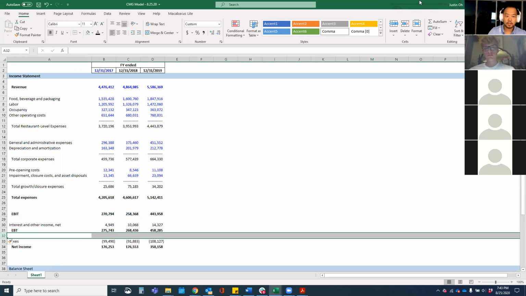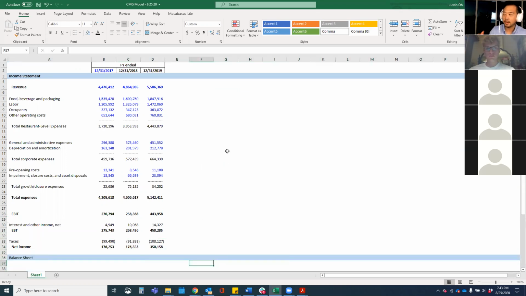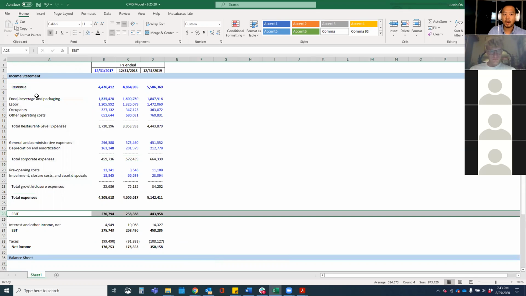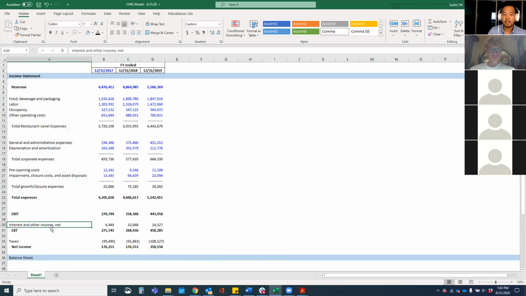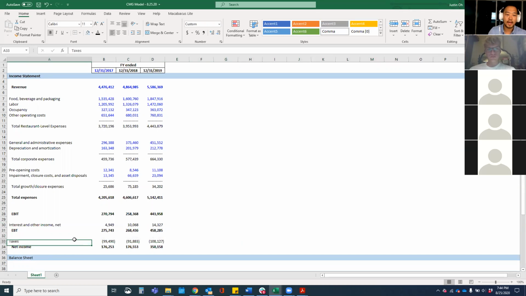Are there any questions about how an income statement works? Some of you haven't even taken accounting 101. Revenue minus all these expenses equals EBIT. Those are the operating expenses, minus interest expense. If they have debt out there, they have to pay interest, right? Whether it's financial or unit level. And then taxes on the profits that they earn.